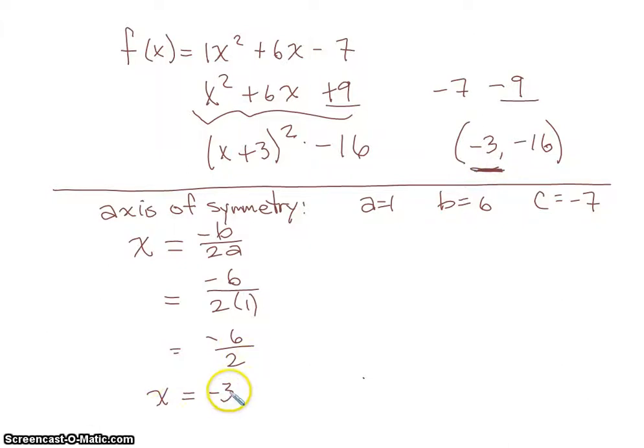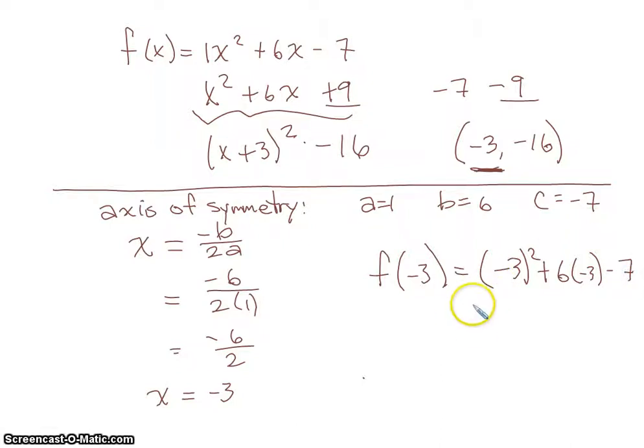The next thing we need is the y value of the vertex. To find the y value of the vertex, we just evaluate the original function when x is -3. So everywhere I see an x, I put a -3 in there. So that'll be -3 squared plus 6 times -3, take away 7. So -3 squared, remember that's a +9. 6 times -3 is -18.